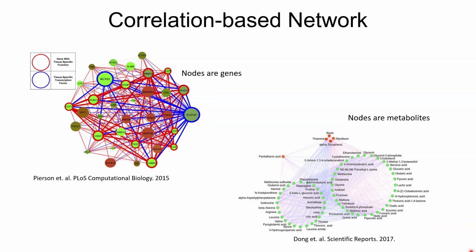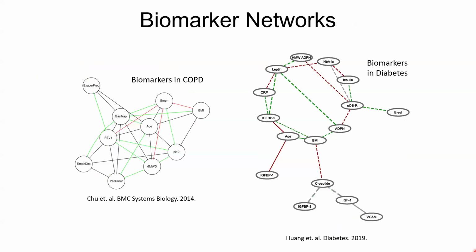On the bottom right, this is a metabolic correlation network. In this case, the nodes are metabolites, and edges illustrate high levels of correlation between those metabolites based on data.